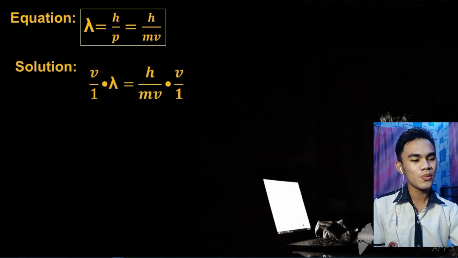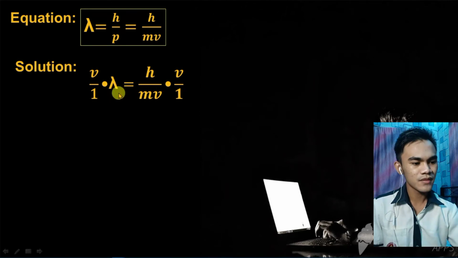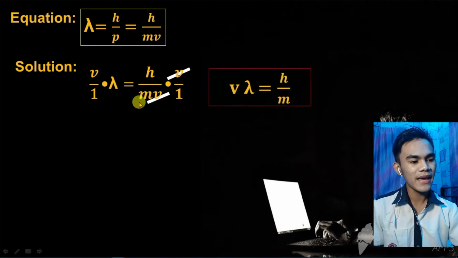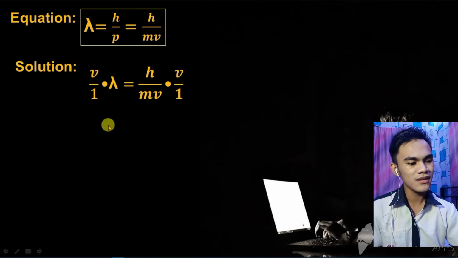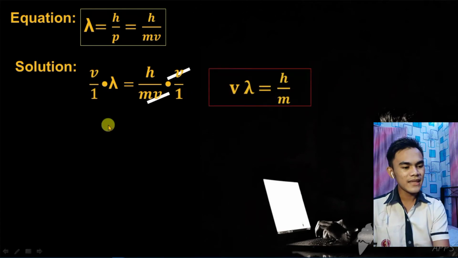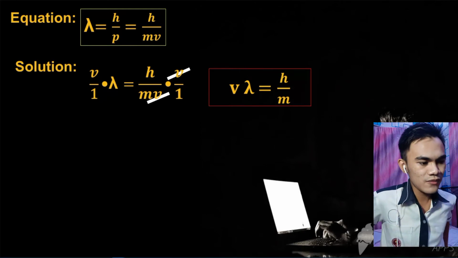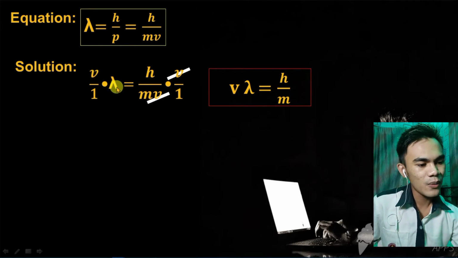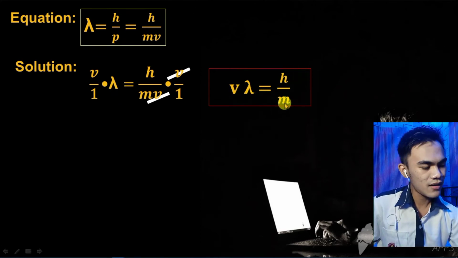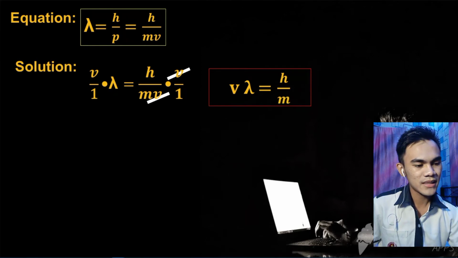In order to find v, let's multiply both sides by velocity over 1, so the velocity and velocity cancel out. So we have v multiplied by lambda is equal to h divided by m, the mass of the electron.